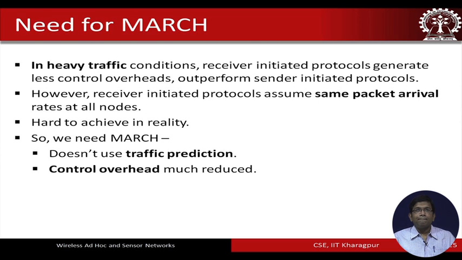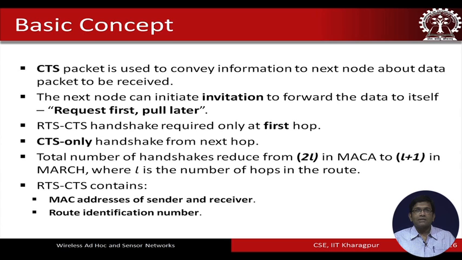We are not going to go over the requirements for MARCH, but let us understand a few basic concepts before actually going through the different steps of execution of this protocol. The CTS packet is used to convey information to the next node about the data packet to be received.